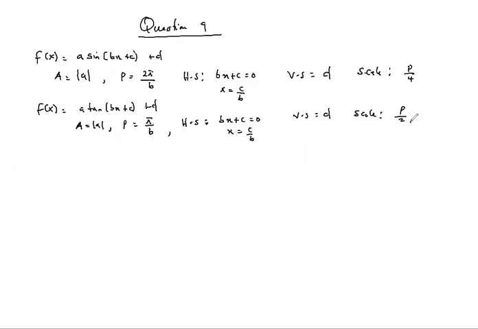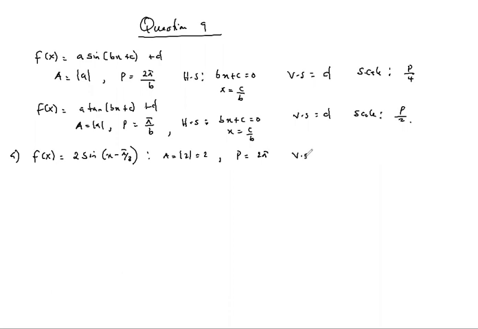So we have question 9a, f of x is equal to 2 sine of x minus pi over 3. So here, what's the amplitude? The modulus of 2, which is 2. What's the period? 2 pi over 1, which is just 2 pi.